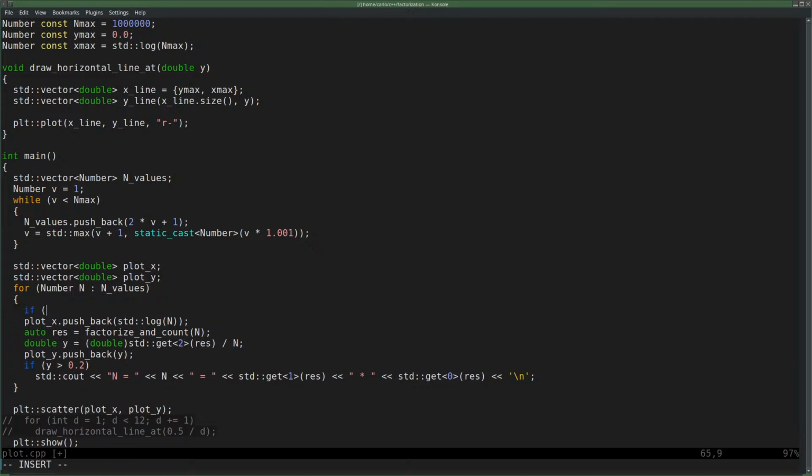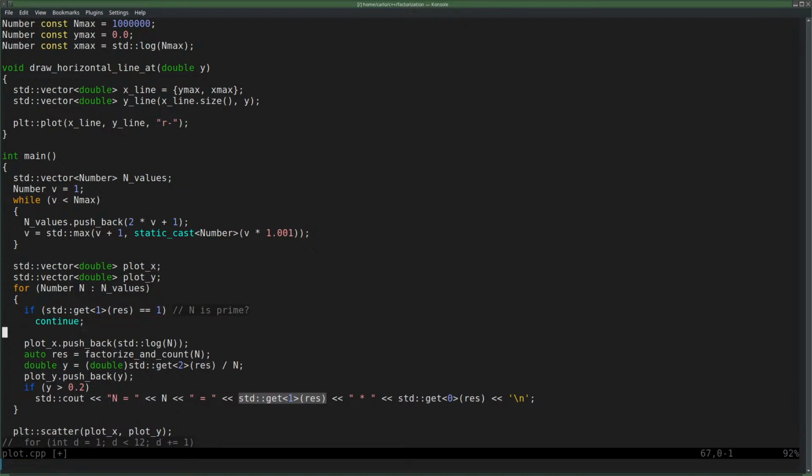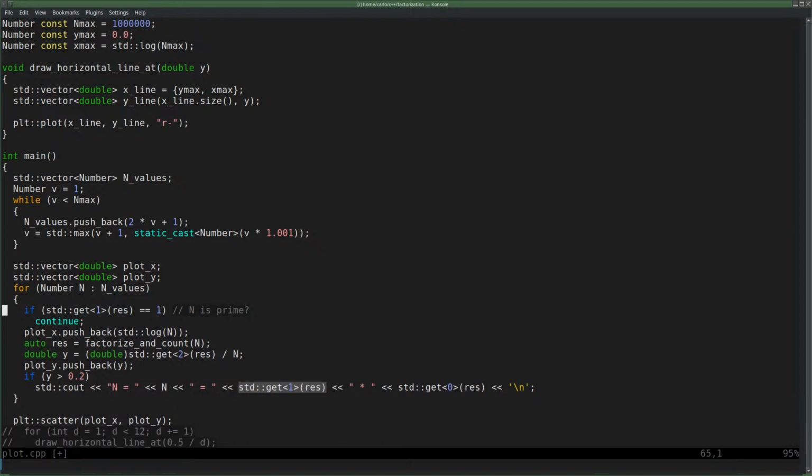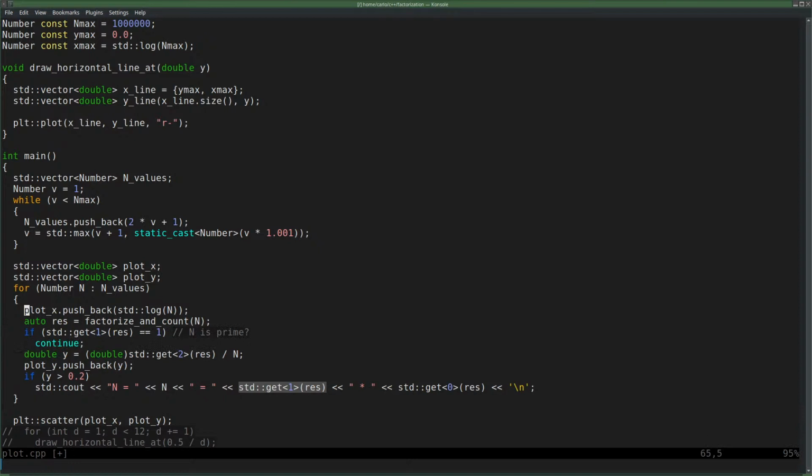If y equals 1, so just skip all of those. Oh, that's bullshit. What am I doing? Don't do that. So like that.